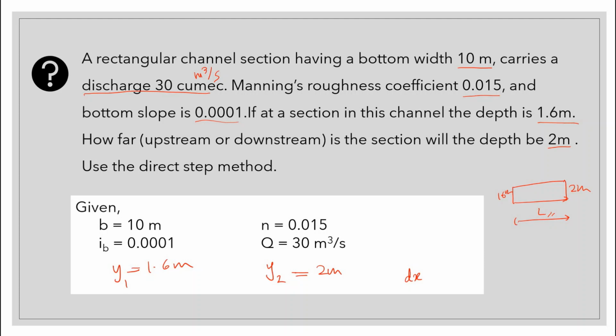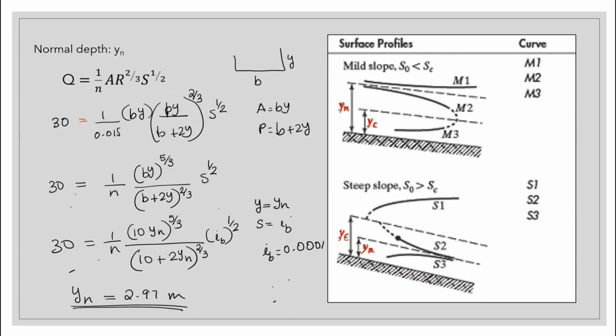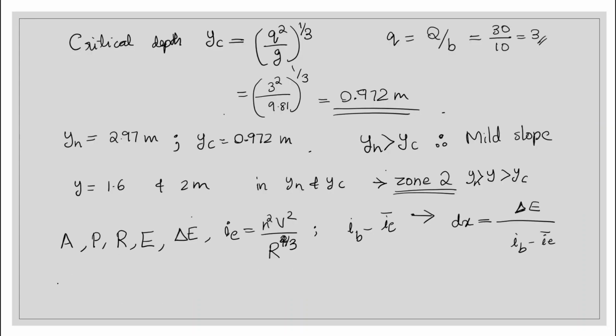So I'm taking four sections, dividing the entire length into four sections: 2 minus 1.6 divided by 4, which is 0.1.